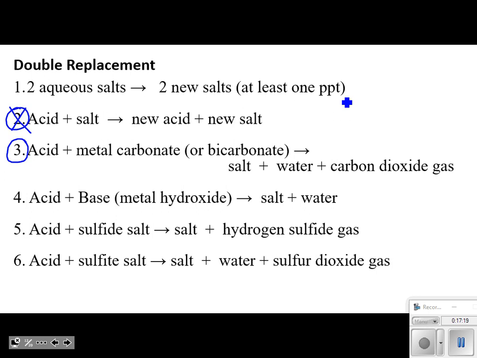Okay? Do I have an acid and a base? And a base is a metal hydroxide. Do not. Acid and a sulfide salt. I didn't see any S there. Acid and a sulfite salt. Didn't see that one either. So this is going to be a double replacement number 3.